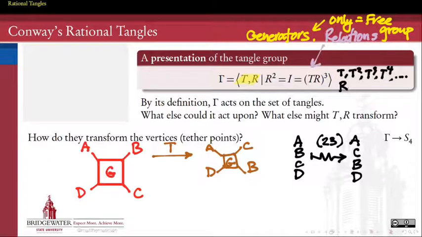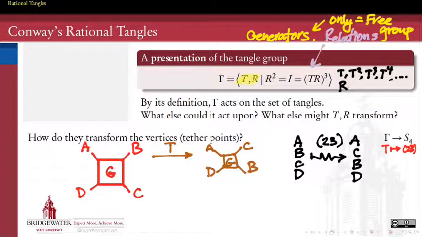If we're using that cycle notation, T is an element of the group gamma of operations on tangles. We would associate with T the transposition (2 3) in the symmetric group on 4 symbols. This is the permutation group on 4 symbols, from group theory.